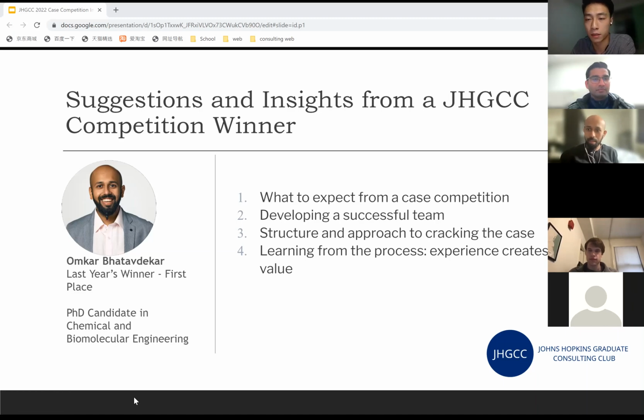I think I can quickly get to the very easy ones. The first one I saw was, what about postdocs? Yes, you're welcome to participate. And what's the minimum number of teammates? I saw someone answered 3. Then there was a question about the initial submission date and the final case competition date.